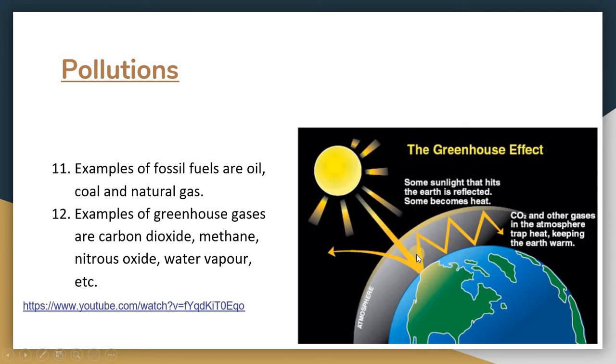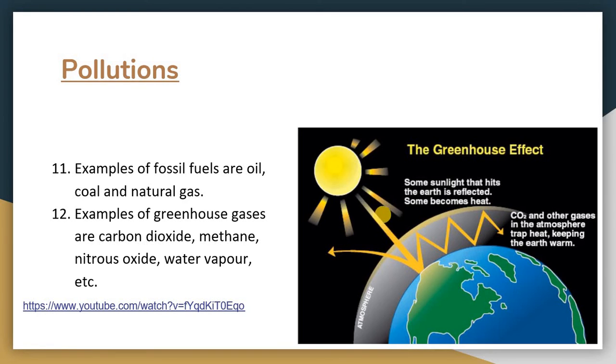When it reaches the earth, the earth does not absorb all the heat energy, right? Some of this heat energy is actually reflected back to outer space. So if you notice the picture here, the arrow here, the earth will actually reflect some of the heat off its surface.